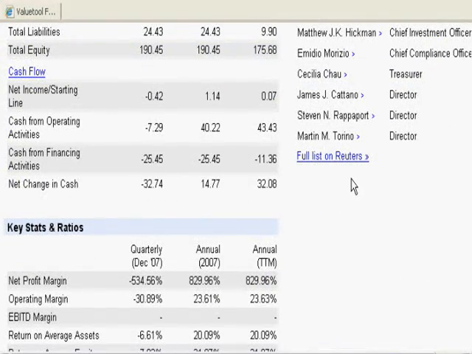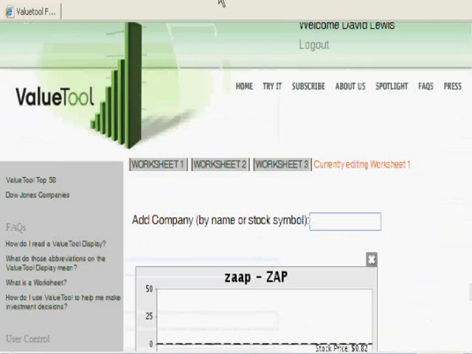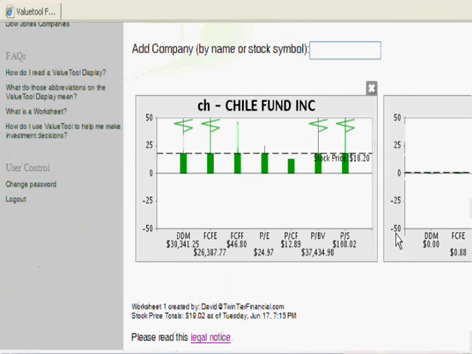If you Google it or go to Yahoo, we see the Chile Fund, and here's its valuation. It represents a tremendous value. Green bars reaching up represent a positive valuation, especially if they go over the stock price. We can see $18.20. The higher above that, the greater the valuation, the better the buy.